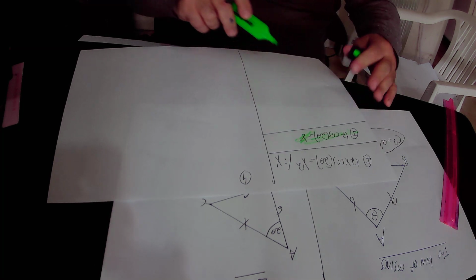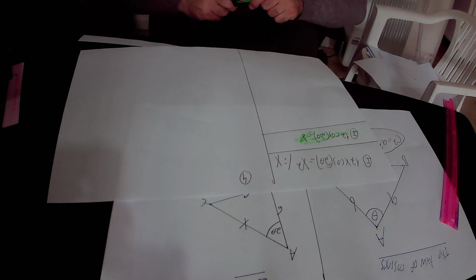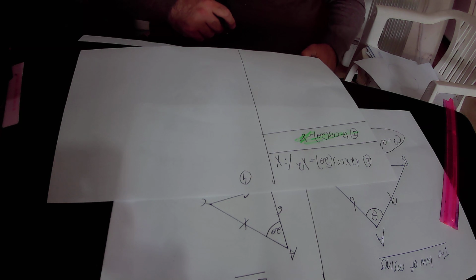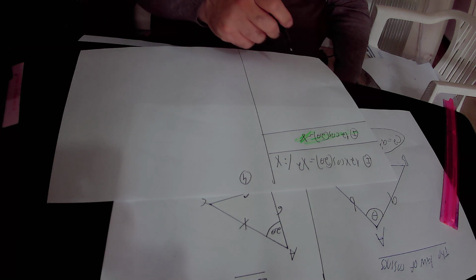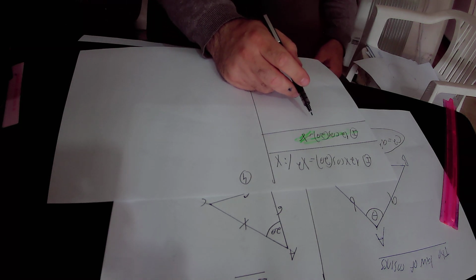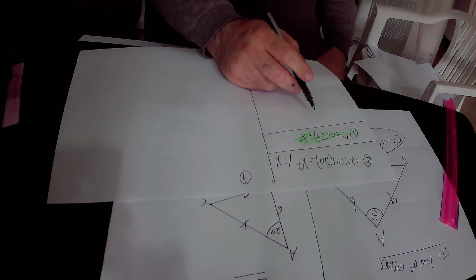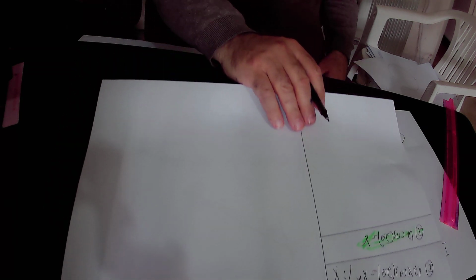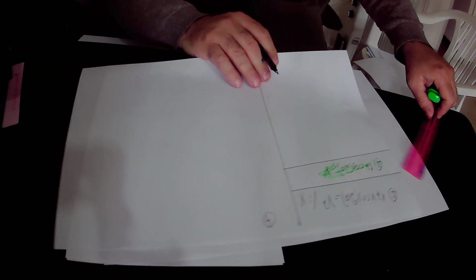So the only thing that is left to do in order to find out the value of x is to find out the value of cosine 2 theta. Actually, we have a trigonometric identity for cosine 2 theta.